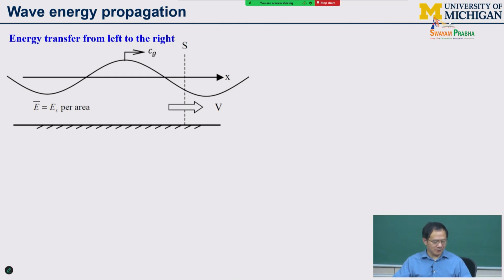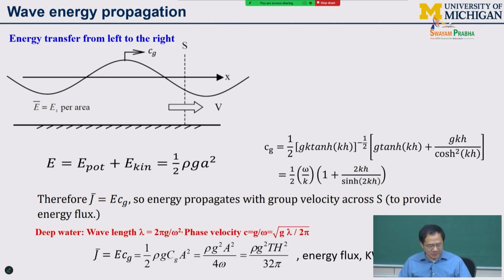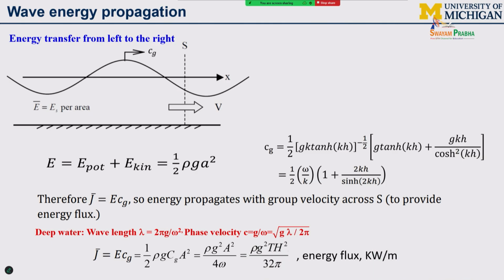Energy will transmit. That means total energy over one period, one wavelength, 1 over 2 rho g A square, and actually the energy transmits at the speed of the group velocity. You can get a closed form solution for this.